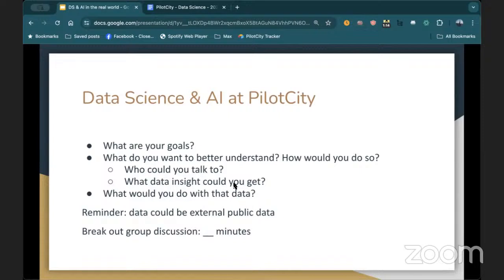Half circle. Actually, quiet. Yeah. Yeah.